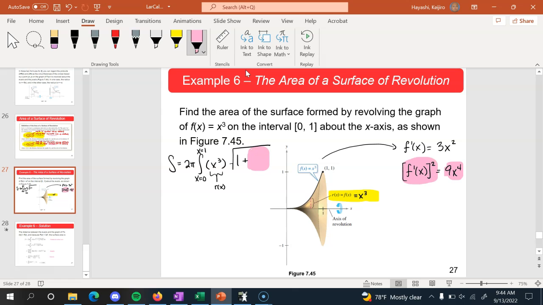And that's what we're going to place right here. That's f prime of x all squared.